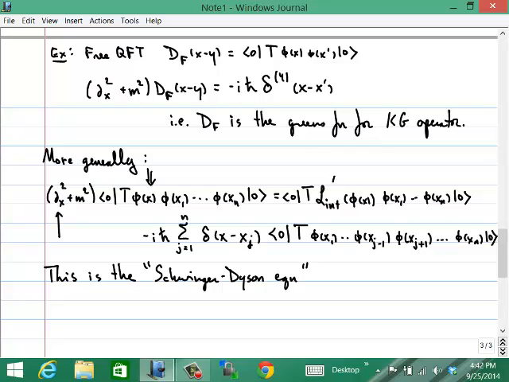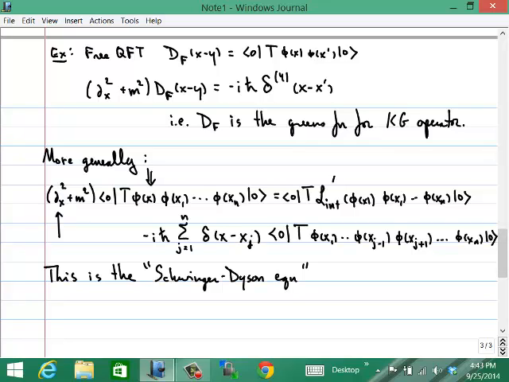This is the equation that Schwinger used in order to figure out the, I guess it was the anomalous magnetic moment of the electron, before Feynman came along. What's that? They did. Schwinger and Feynman got a Nobel Prize for that.